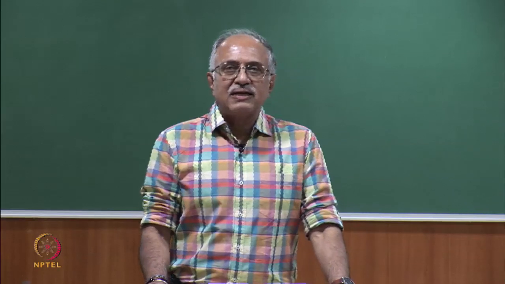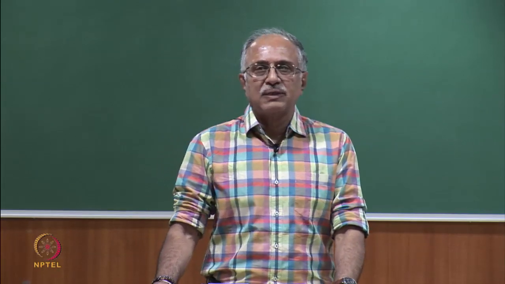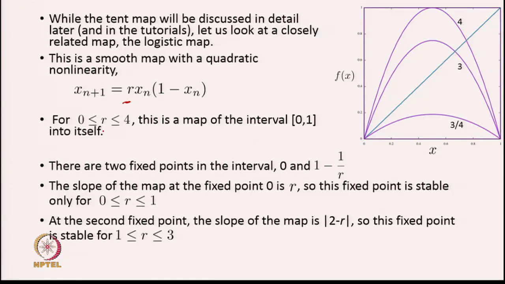Today, we will leave the tent map at this point and come back to it later on and perhaps in the tutorials. But let me now look at a related family of maps called the logistic map or the quadratic family. This map is given by f of x equals r x into 1 minus x, or x n plus 1 is r x n into 1 minus x n.